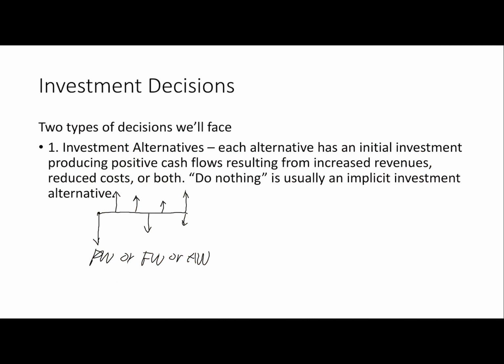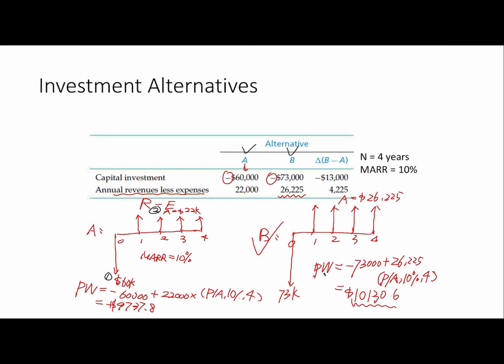And then we learned the investment decisions we need to make to choose the best alternative among different alternatives, right? And we introduced the investment alternatives, where you have different alternatives, but their equivalent worth, either at present or every year or in the future, are all positive numbers.